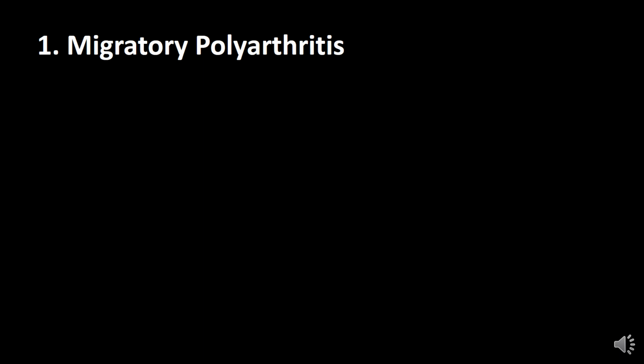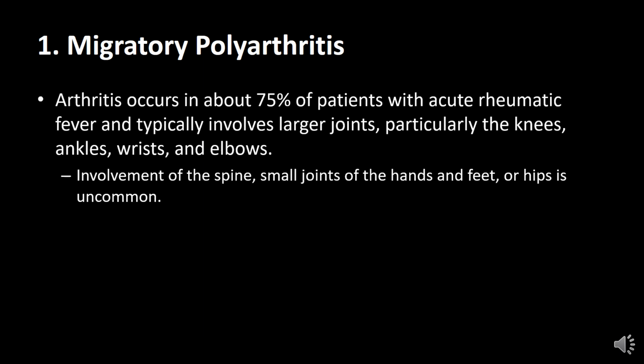So the first major criteria we are going to discuss is polyarthritis. I want you to pay attention to this. It is migratory polyarthritis, not just arthritis. As the word suggests, it's migratory, which means it keeps migrating.